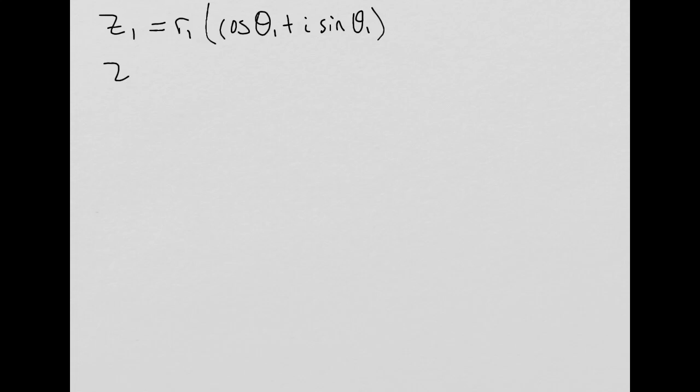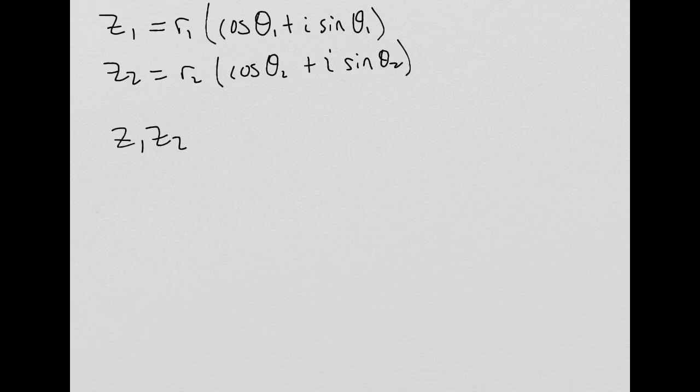So, if I have Z1 equals R1, where I'll let this R1 just represent the modulus of this Z1, so I don't have to write it over and over again, cosine of some theta plus i sine of that same theta. And Z2 equals R2, cosine theta 2 plus i times sine of theta 2. If I want Z1 times Z2, I always thought this was really cool.